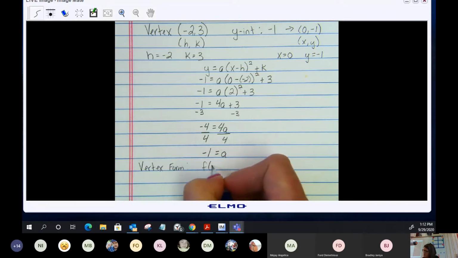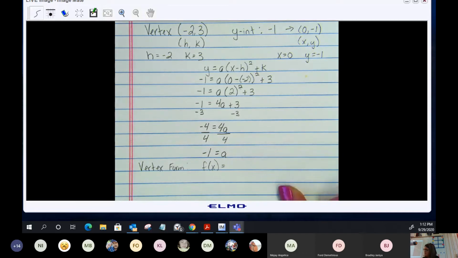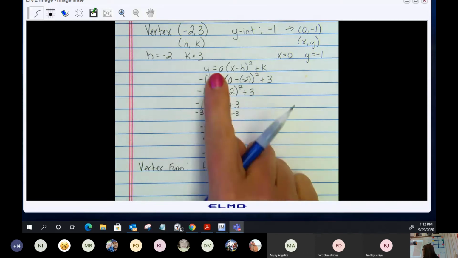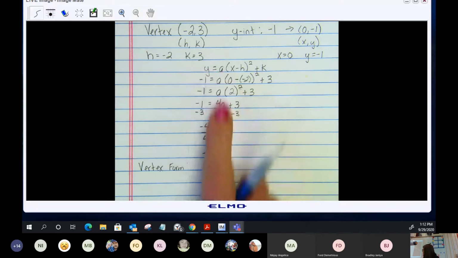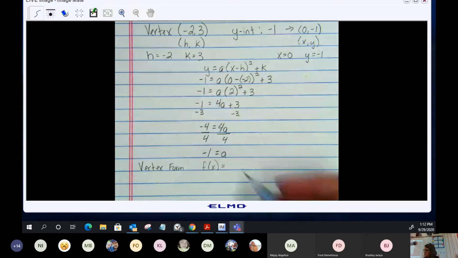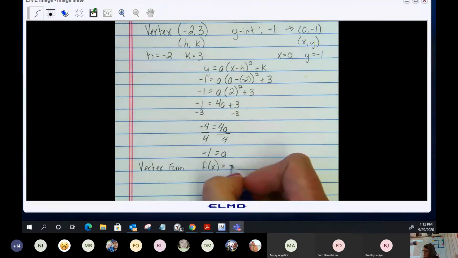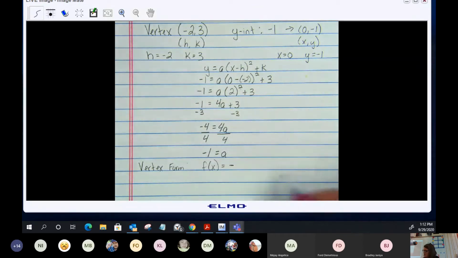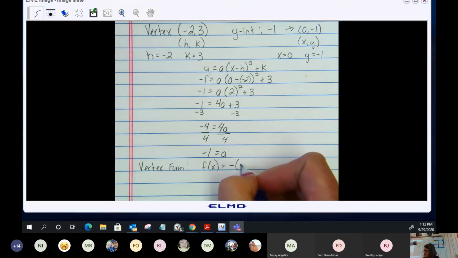It would be f of x equals a, and my a is -1. Now I don't need the 1 there. I'm just going to have the negative sign hanging out, times the quantity x minus h. My h is -2, squared.